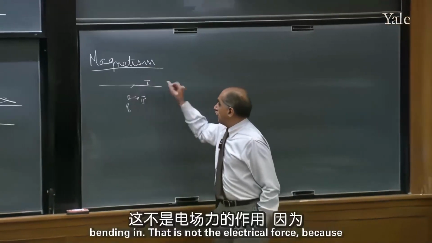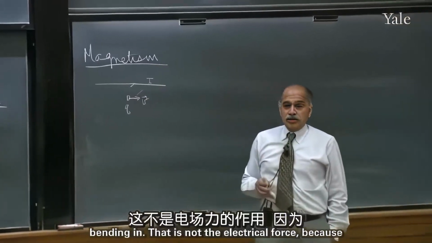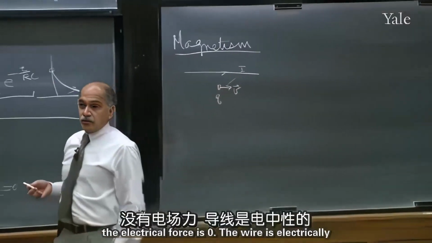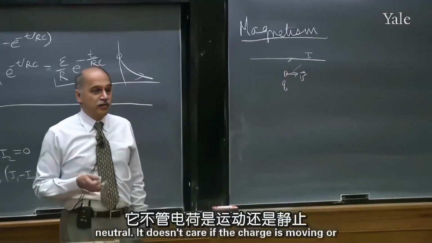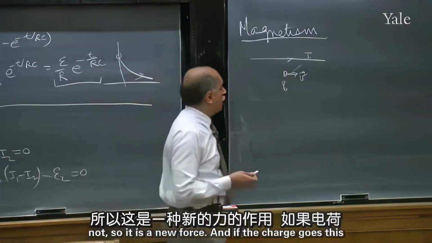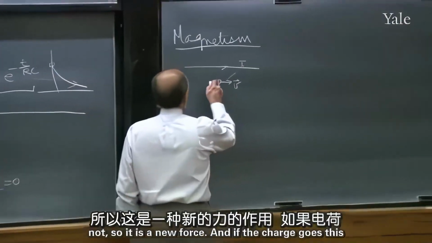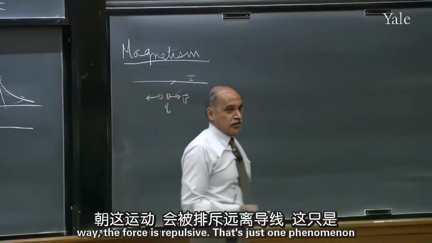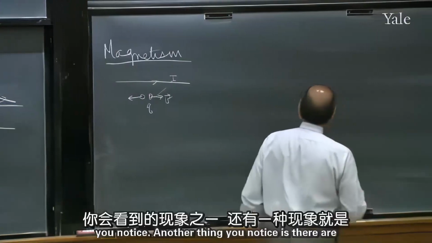It starts bending in. That is not the electrical force because the electrical force is zero. The wire is electrically neutral. It doesn't care if the charge is moving or not. So it is a new force. And if the charge goes this way, the force is repulsive. That's just one phenomenon you notice.